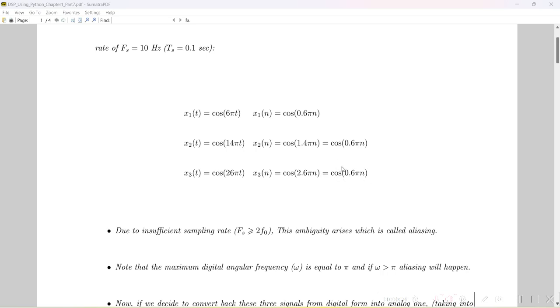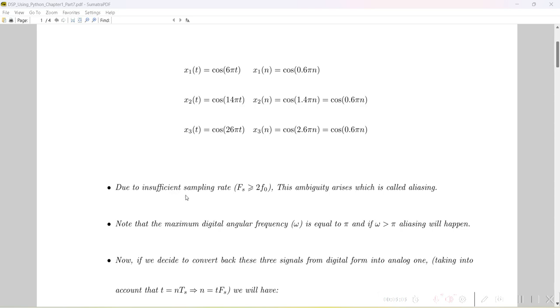Now have a deep look at the results. The three results in discrete environment are the same, but we know that in reality, when we started processing, they were different in the analog time domain. So something has happened. Now we want to discuss it.